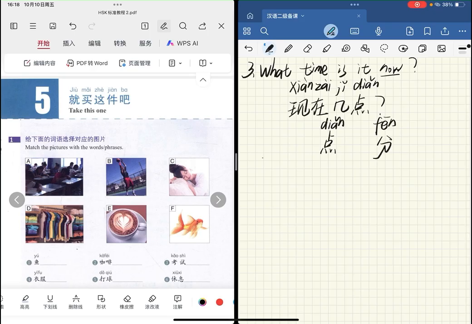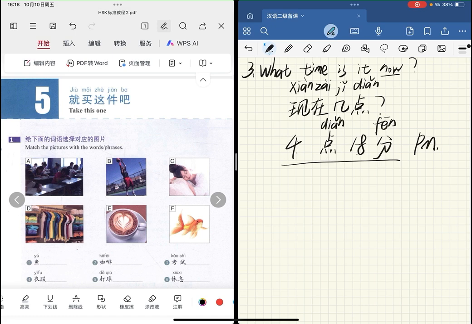So if now it's 4点, it's this one. If the time is 4:18, in Chinese we say 4点18分.